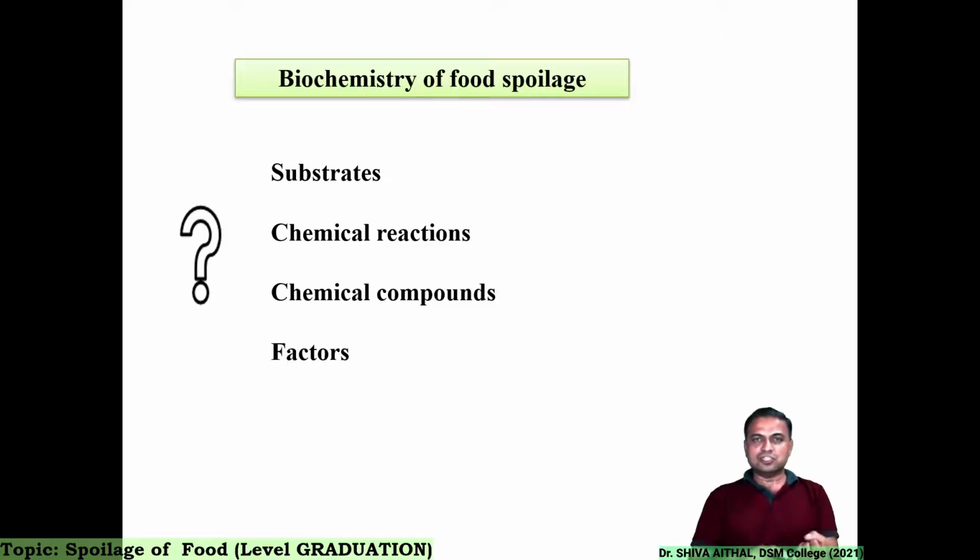Now a chemical change can be induced by light, by certain chemicals, or by microorganisms. We will see those things in detail. So the substrate is the food itself on which chemical reactions occur and resultant chemical compounds are formed. Which are the factors responsible for this, we are going to see in this section.